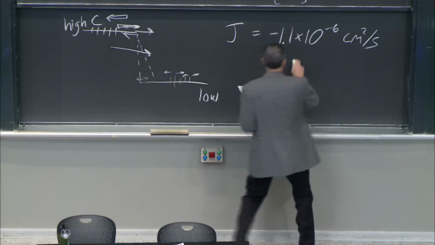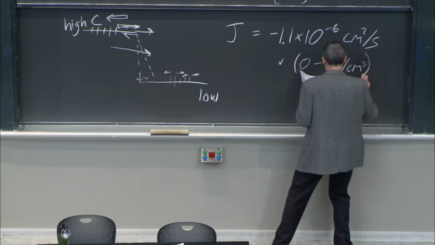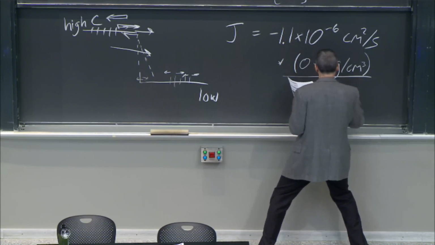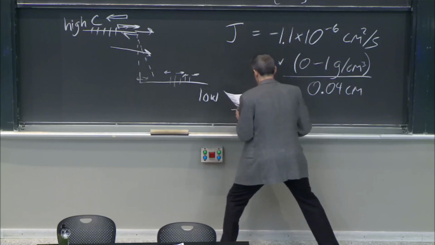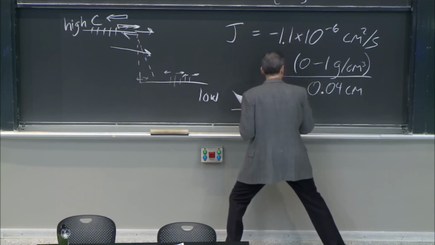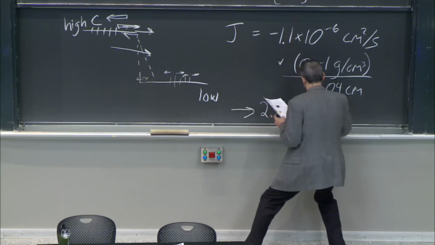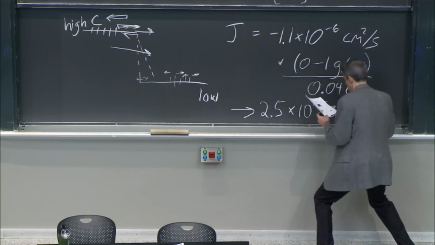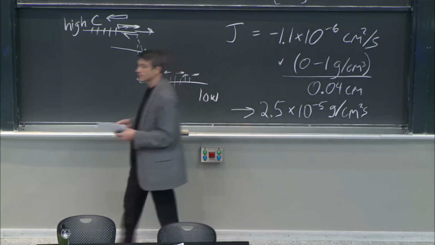So it's times 0 minus 1 gram per centimeter cubed, divided by the distance, 0.04 centimeters, and this goes to something like 2.5 times 10 to the minus 5 grams per centimeter squared second. That's the flux. That's what Fick's law tells us.